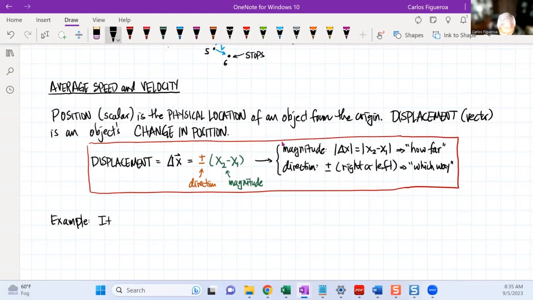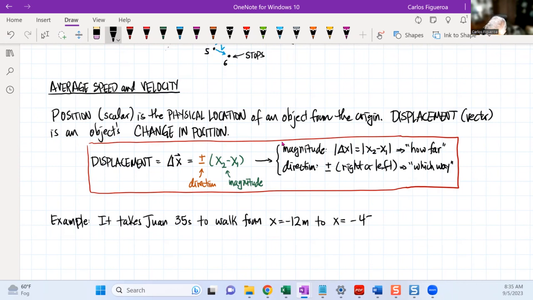It takes Juan 35 seconds to walk from, let's say, x equal to minus 12 meters to x equal to minus 47 meters. What is his velocity?